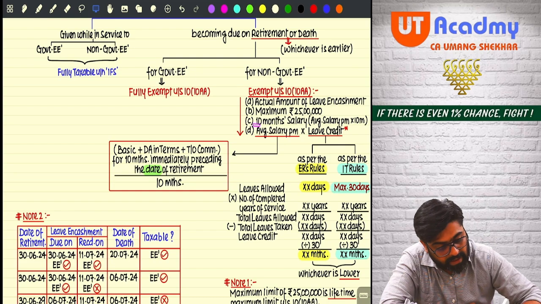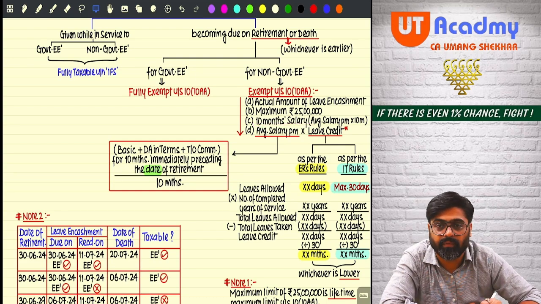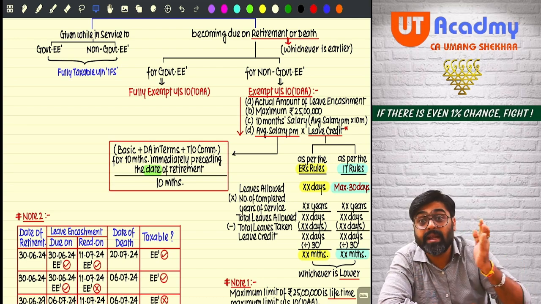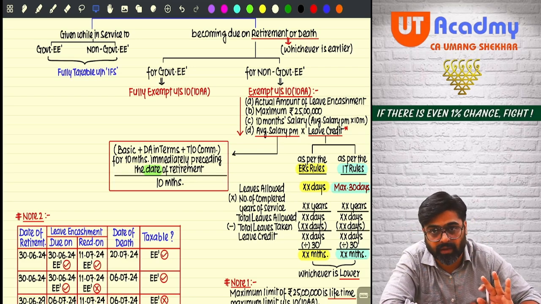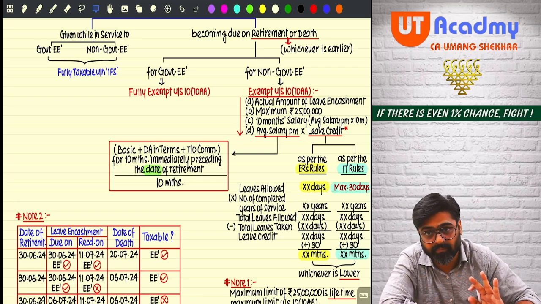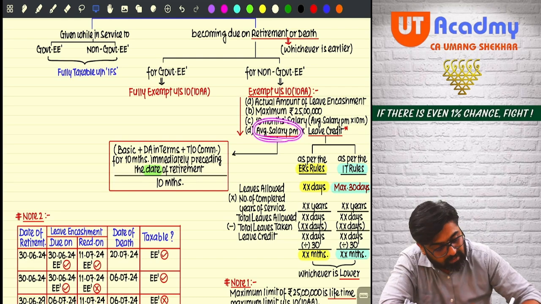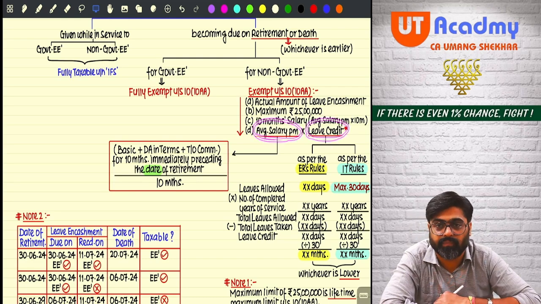Next one, 10 months salary. 10 months salary immediately prior to your date of retirement, whatever was the 10 month salary, that 10 month salary you are supposed to take. Either that 10 month salary or average salary per month into leave credit.